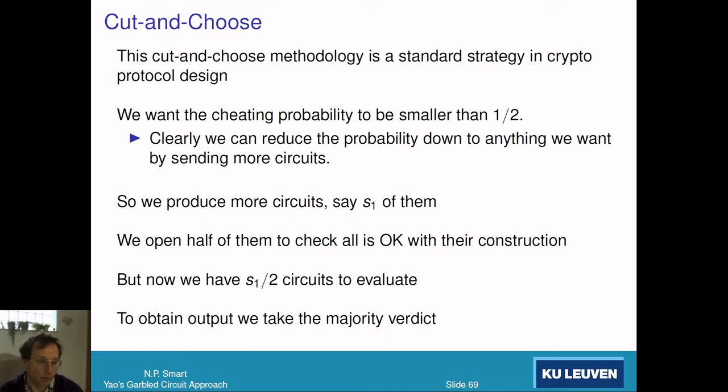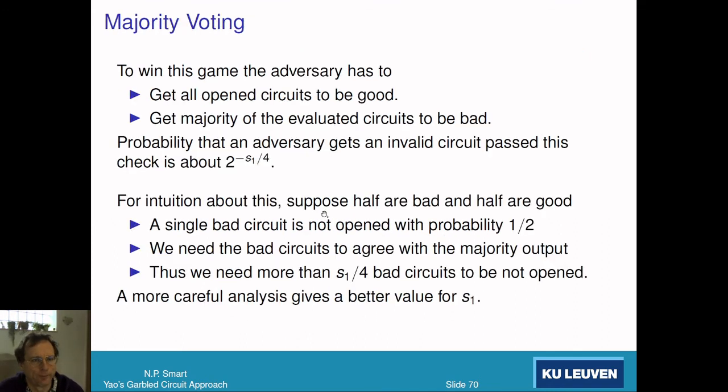So he divides these S1 circuits into S1 over 2 circuits which are going to be evaluated, and S1 over 2 circuits which are going to be checked. So all the checked circuits are opened and checked, and then the evaluated circuits are evaluated, and then you take the majority verdict as the answer to whatever the output of the function is.